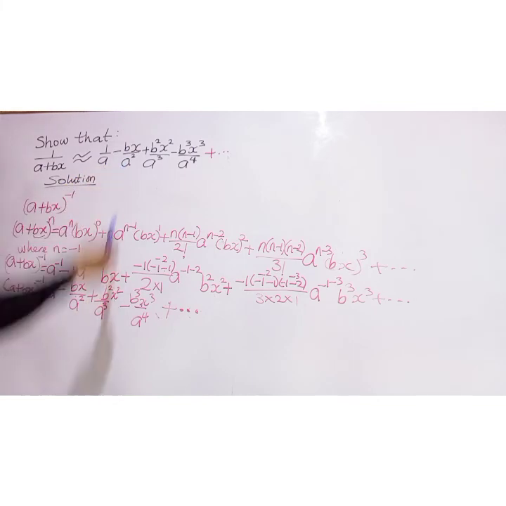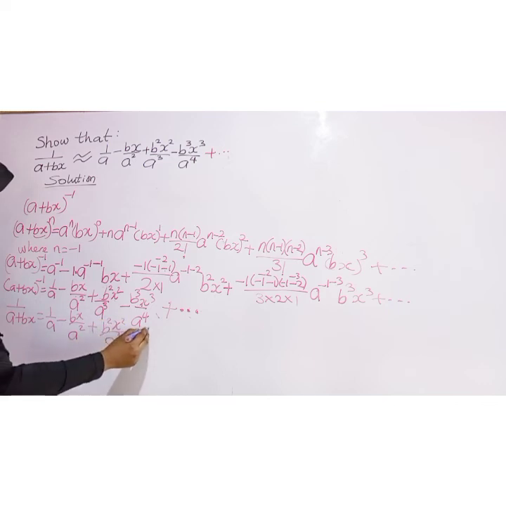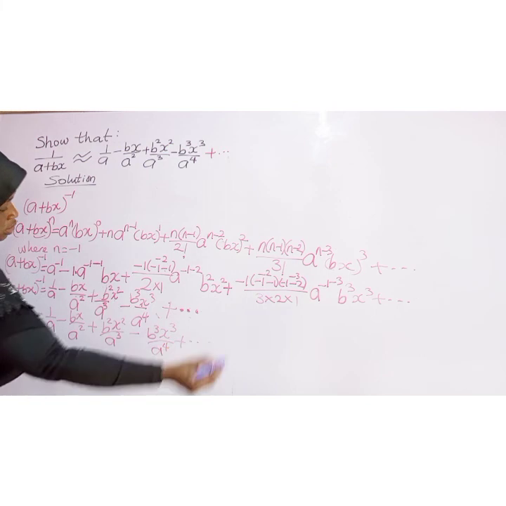Let's check if we have the same thing. So now let's rewrite this as a fraction. So we have 1 over a plus bx is equal to 1 over a minus bx over a squared plus b squared x squared over a cubed, then minus b cubed x cubed over a raised to power 4 plus dot dot dot.